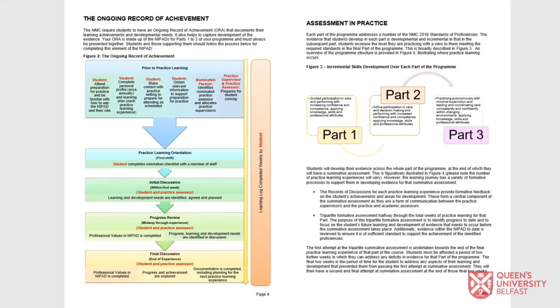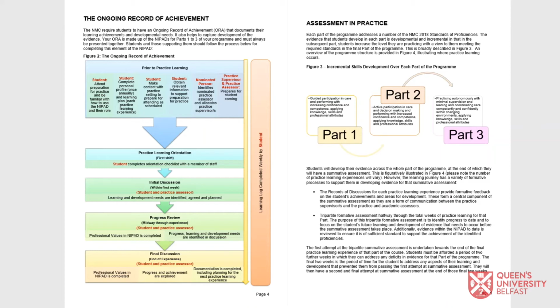In terms of assessment and practice, then, this section really just identifies that throughout the different parts of the programme, skills development and proficiency development is incremental in nature, that it's a scaffolding approach to education. So in part 1, students have guided participation in care, and they're performing with increasing confidence and competence, and they're applying knowledge, skills and professional attributes.